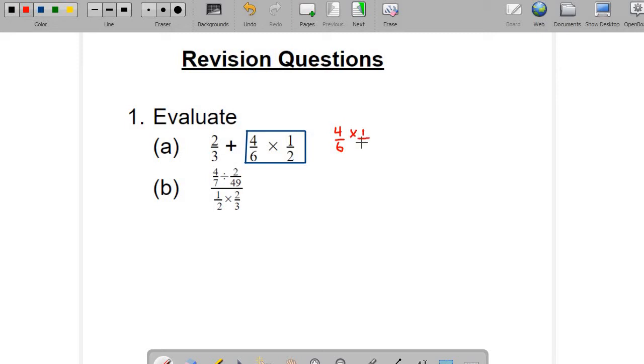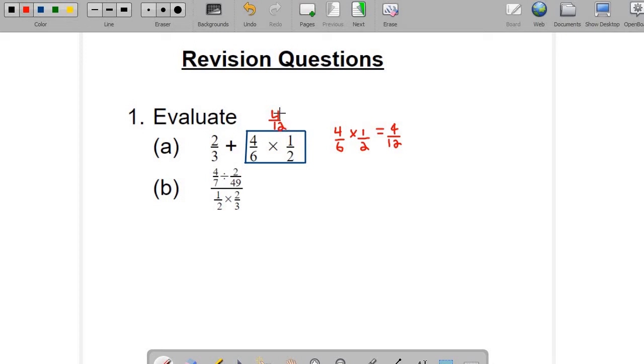So the product of the numerators will become the numerator for your answer, and the product of the denominators will become the denominator of your answer. Okay, so we're going to say 4 times 1 is 4, and 6 times 2 is 12.